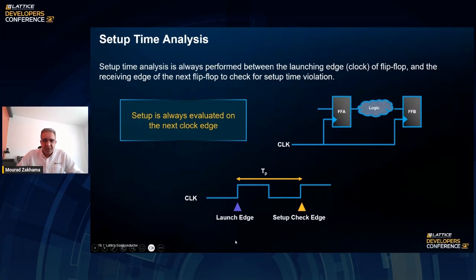If we assume that the launching edge is the first edge that we see in the timing diagram of the clock here, then the setup edge will be the next edge. That's when the setup time check will be done by the tool.